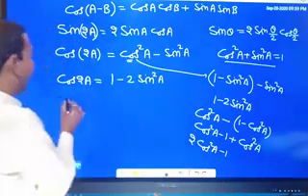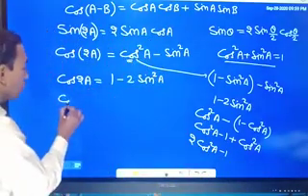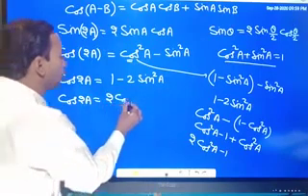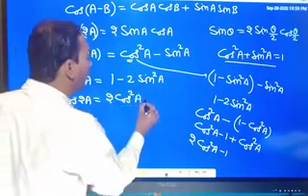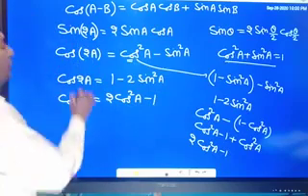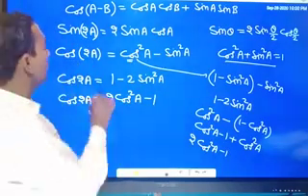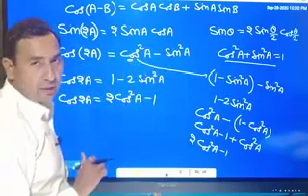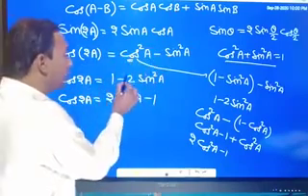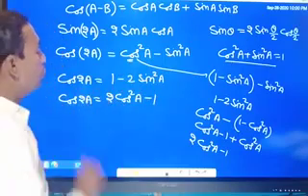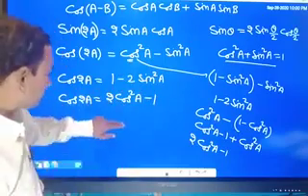So we can also write cos 2A is 2 cos square A minus 1. So these are three forms of the cos 2A formula: cos 2A is cos square A minus sin square A, 1 minus 2 sin square A, and 2 cos square A minus 1.